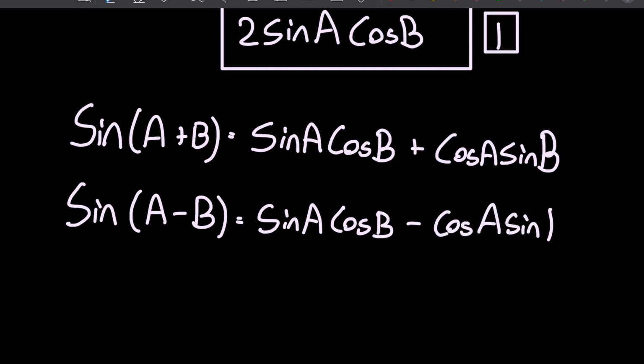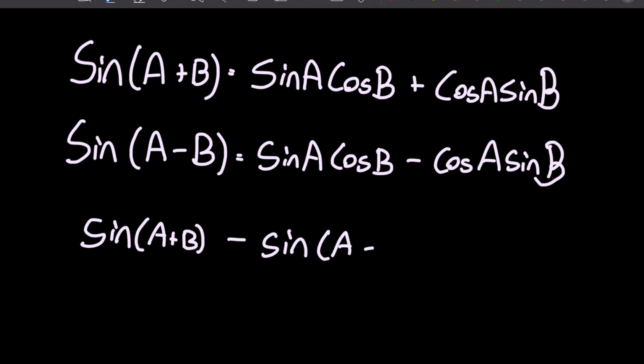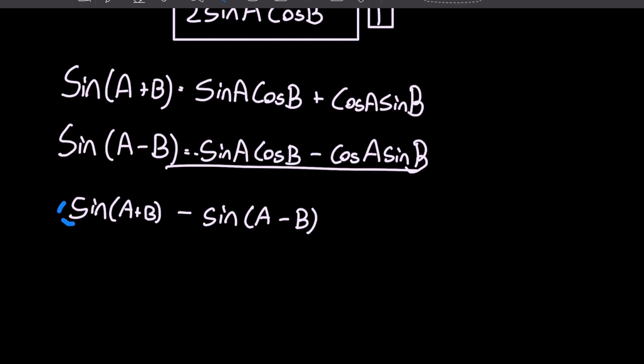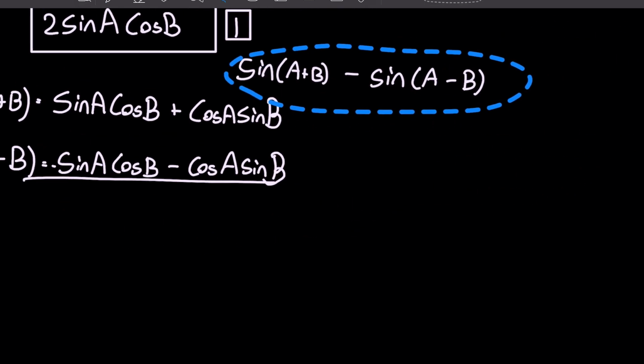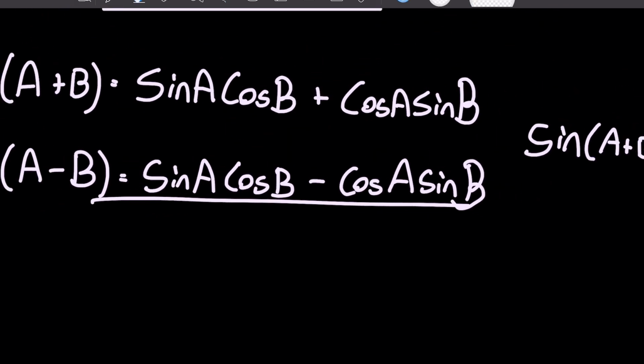In the first one we added them, but what if we had sine of a plus b minus sine of a minus b? Let's subtract them and see what happens.